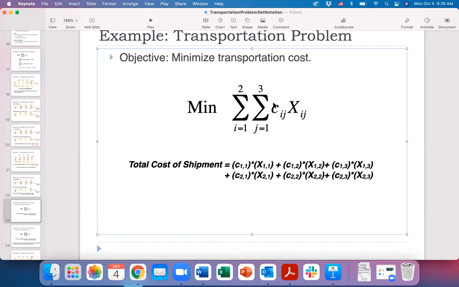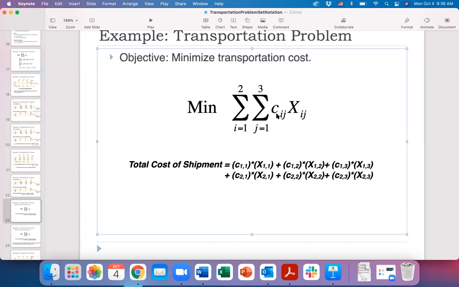We're multiplying the unit shipment cost, CIJ, with the corresponding amount being shipped between I and J, right? But this unit shipment cost and amount being shipped is between 6 origin and destination pairs in total.